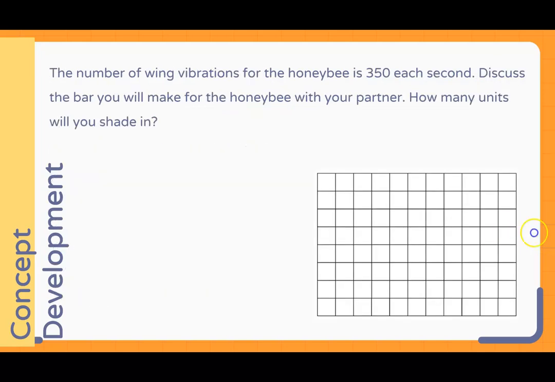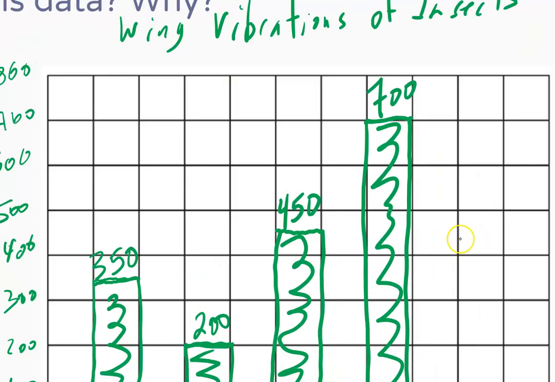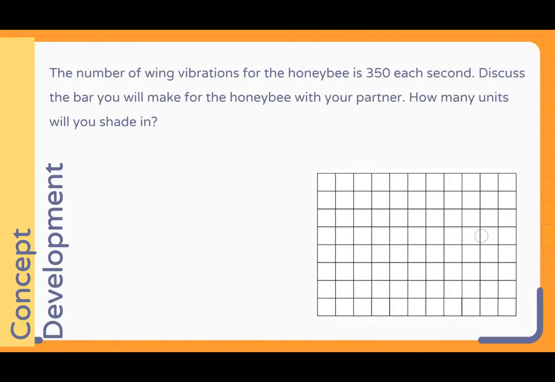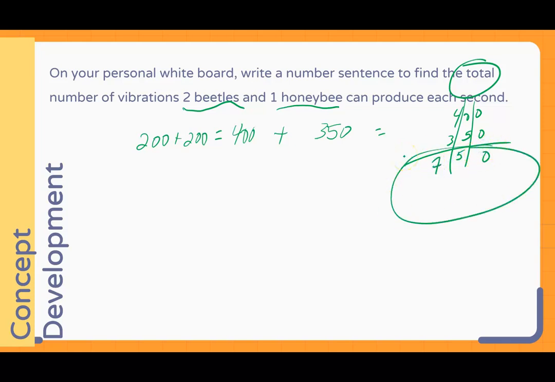Honeybee was 350. So 400 plus 350, I can stack. 750 vibrations each second.